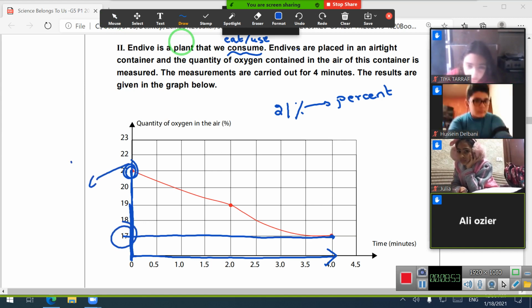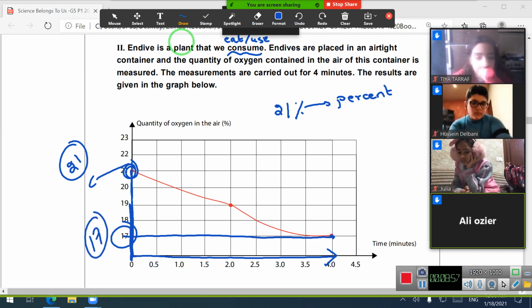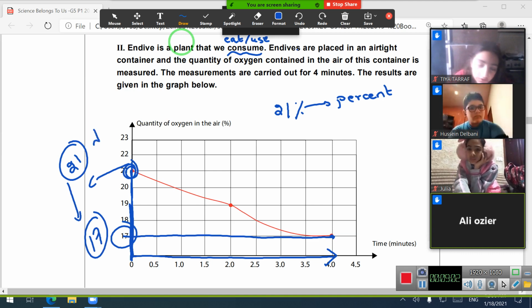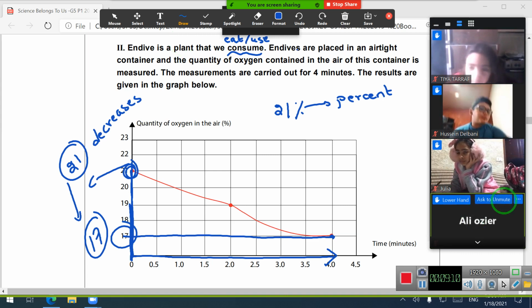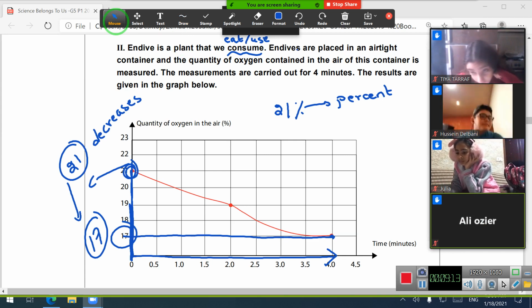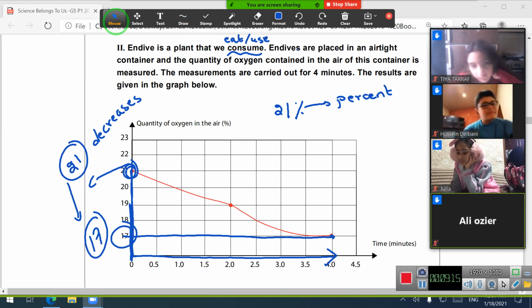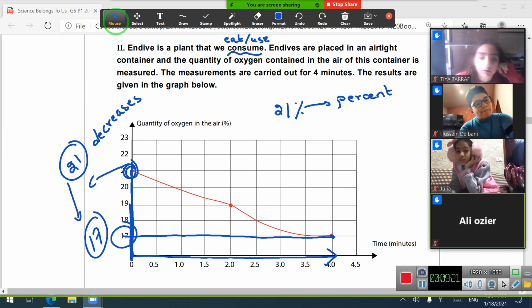At the beginning the amount of oxygen was 21 and it becomes 17. Does it increase or decrease? Decrease. Excellent, because it absorbs it. You justified your answer. So the amount of oxygen decreased because the endive plant absorbs this amount of oxygen.